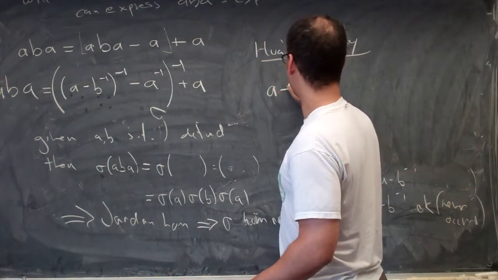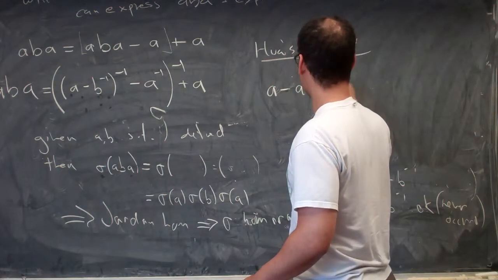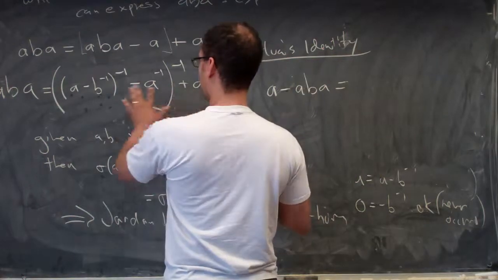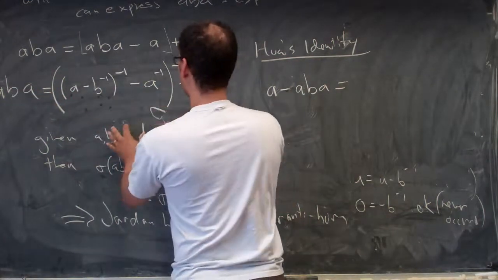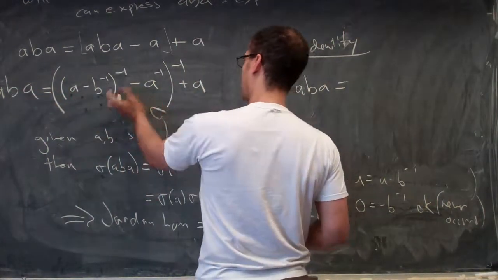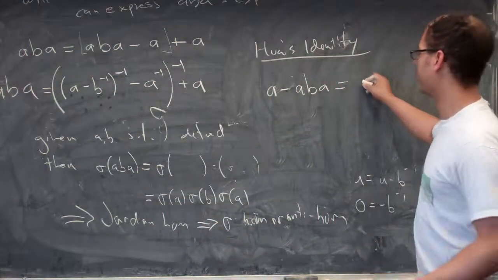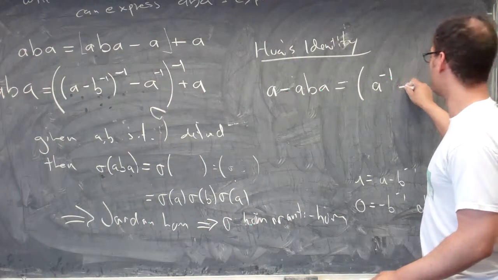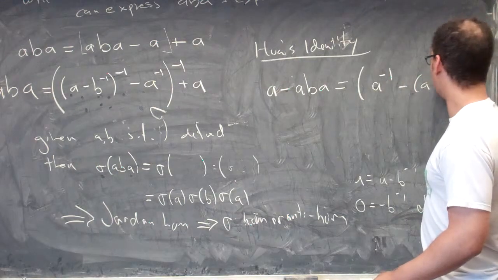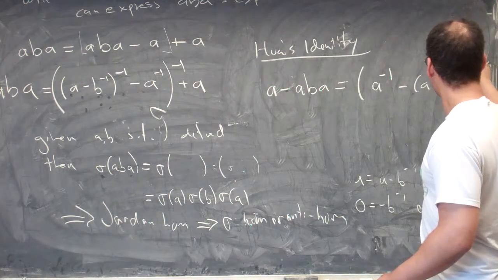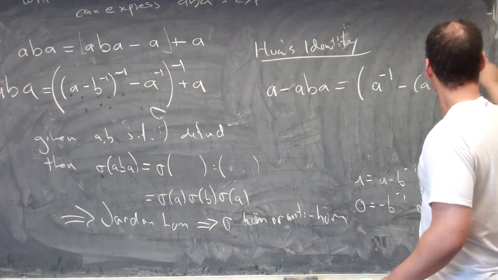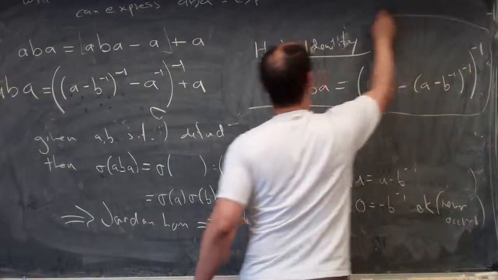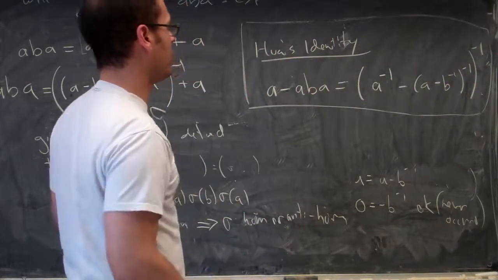A minus ABA is equal to, so A minus ABA is the negative of this thing, which I'll write by switching the signs over here. So it's usually written as A inverse minus (A minus B inverse) inverse. So this is the typical form of Hua's identity.